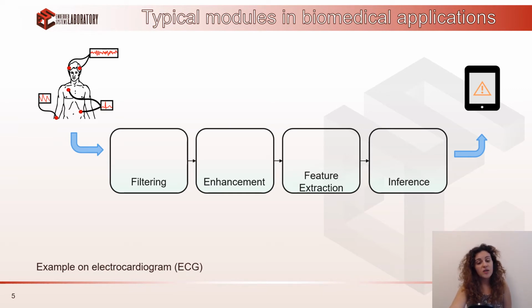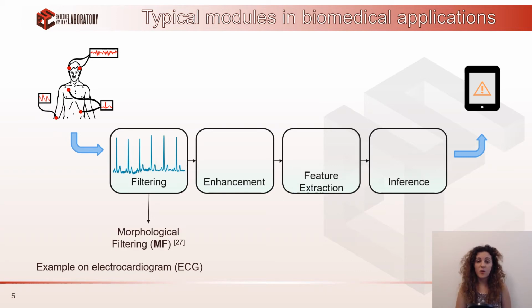The first module is a filtering process which removes noise. The morphological filtering is the example we use, which uses the shape of the signal to remove baseline wandering and high frequency noise.